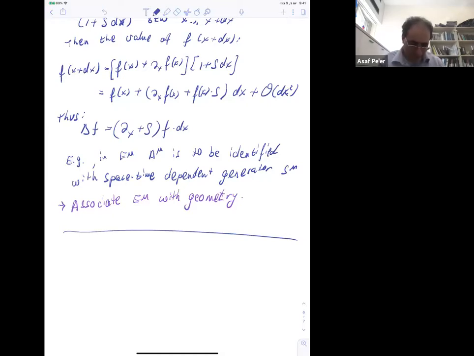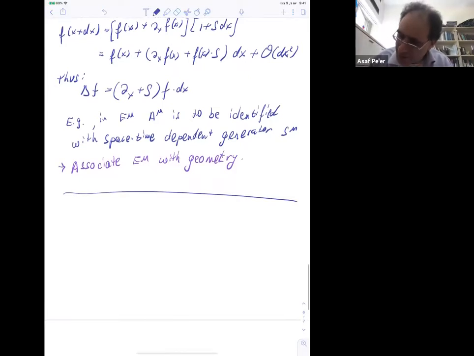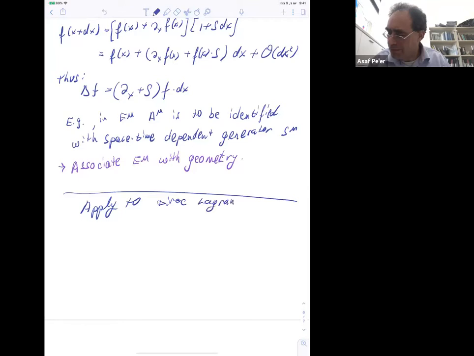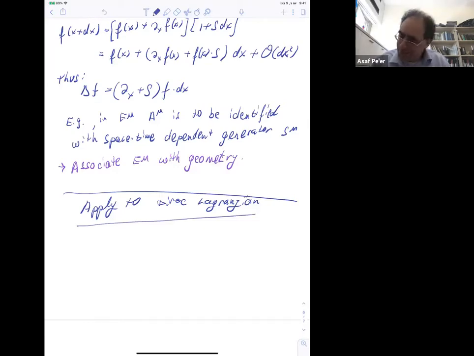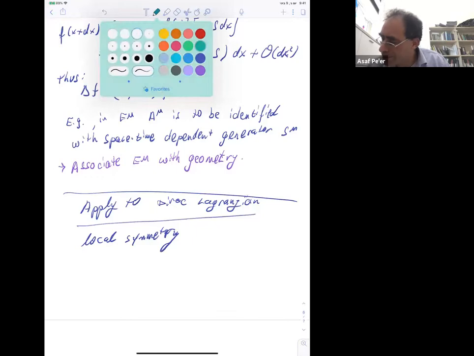So let's see. We had the transformation which was global. Now let's look at the local symmetry, so now apply to the Dirac-Lagrangian. When we say a local symmetry, or also a gauge symmetry, that's another name, right?